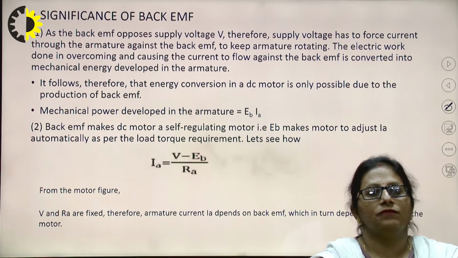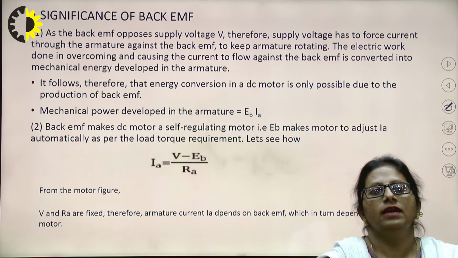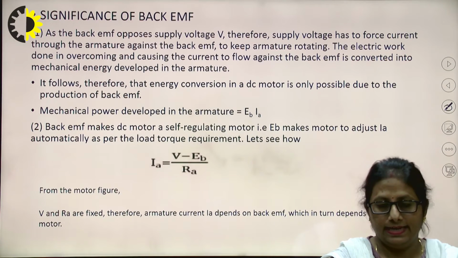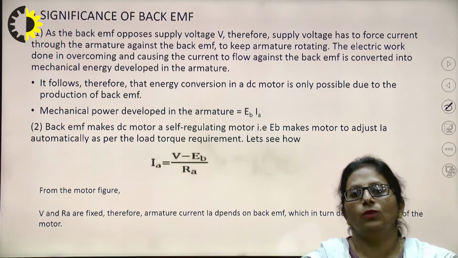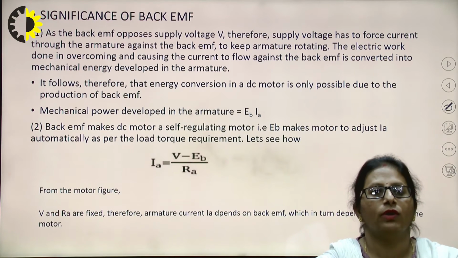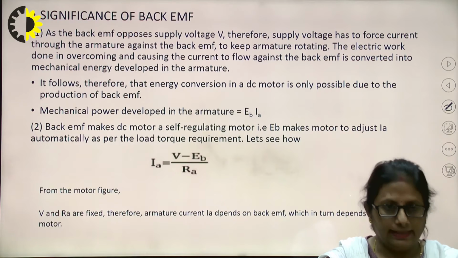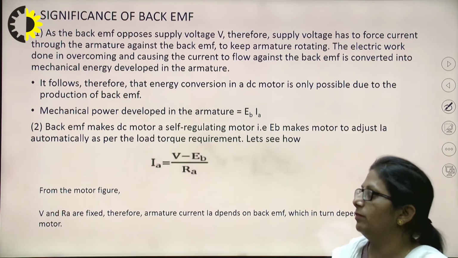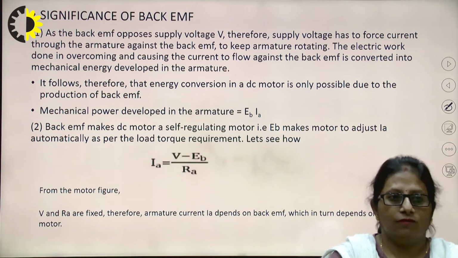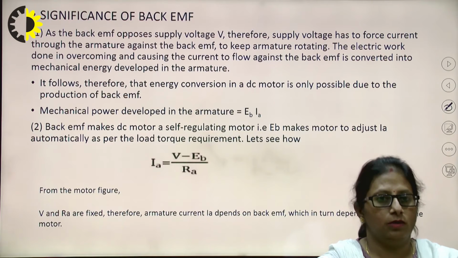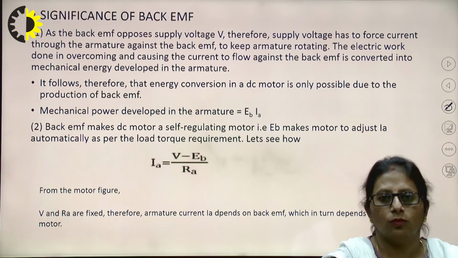The second significance: the back EMF makes the DC motor a self-regulating motor. That is, the back EMF makes the motor adjust the armature current automatically as per the load torque requirement. We can see that, right? As we know, the armature current is given by V minus EB upon RA, where V and RA are fixed, so the armature current IA depends upon the back EMF, which in turn depends upon the speed of the motor.